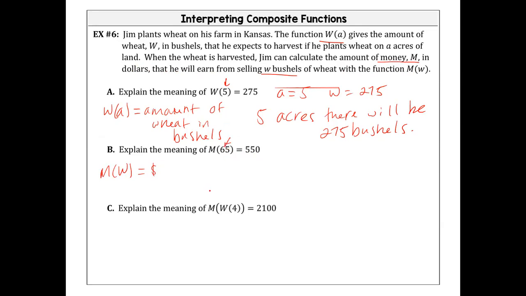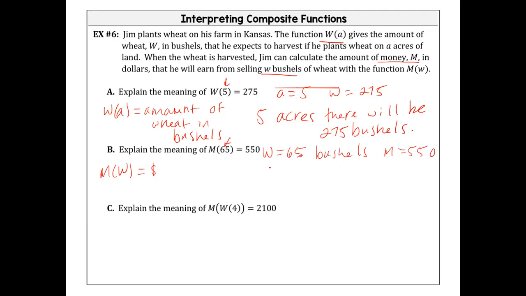Well, your 65 is representing your W. So we now know that W equals 65 bushels. Right? So we have 65 bushels. And then we know that our output is going to be our M, and our M in this case would be 550.